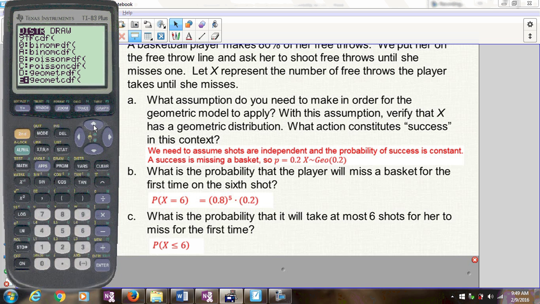Again, we enter the probability first, which is 0.2, and my upper bound, which is 6 in this case. We get 0.7379, and that would be the probability in letter C.